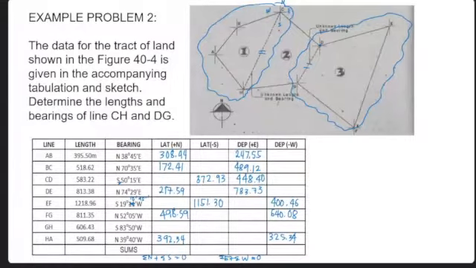And then after that, we sum up all the north, south, east, and west. GH doesn't have latitude and departure yet.